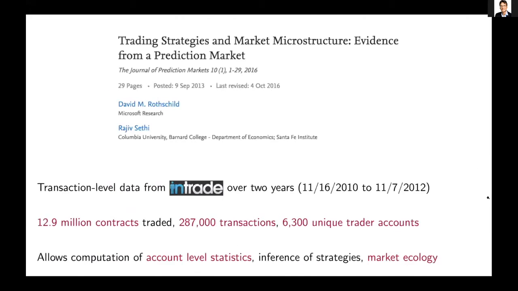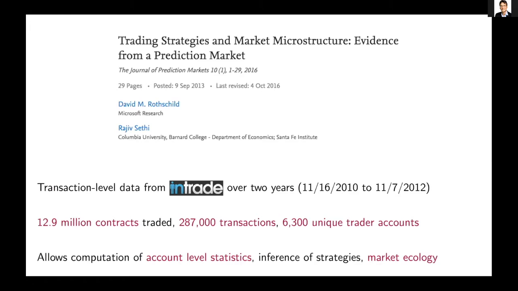Before I get to hybrid prediction markets, let me just talk about some work with David Rothschild that looked at data. This is extraordinarily detailed data from InTrade, which no longer exists, but was very important for the 2008 and 2012 presidential elections in the United States. We had data on every single transaction for the 2-year period preceding the 2012 election.